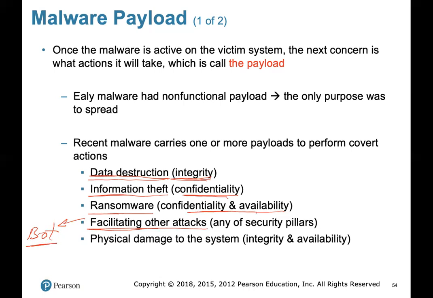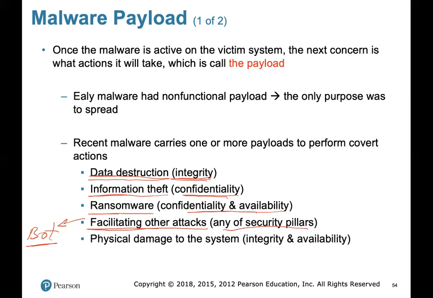This type of payload tries to facilitate other types of attacks, which can later alter any of the security pillars, any of these 3, or maybe even authentication or accountability might be compromised by facilitating other attacks.